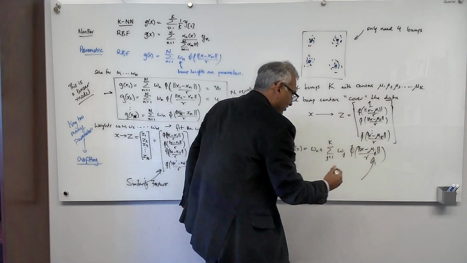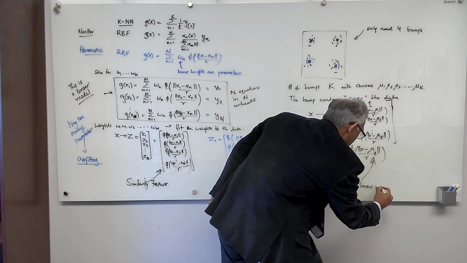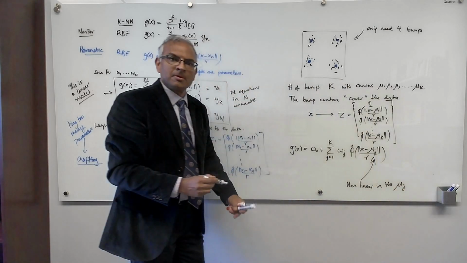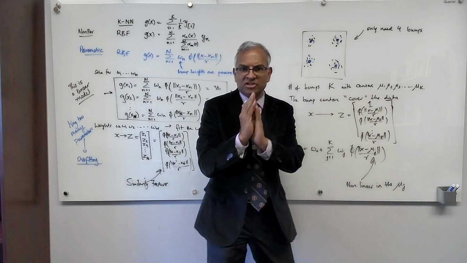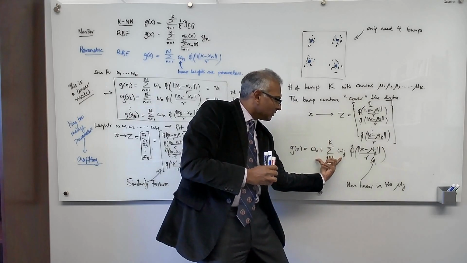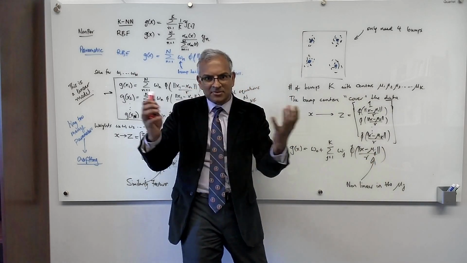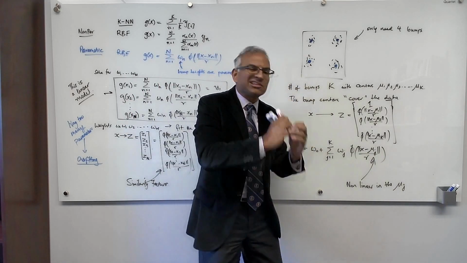This particular final hypothesis is non-linear in the mu sub j. So if I wanted to explore the full flexibility of this model, I would have my linear weights and my nonlinearity in the bump centers. This is the first example of a model that we're studying that's explicitly nonlinear.